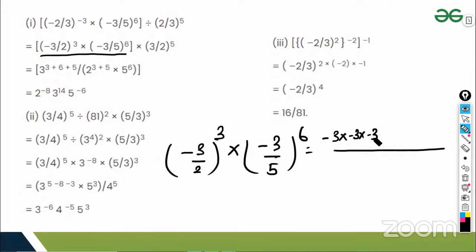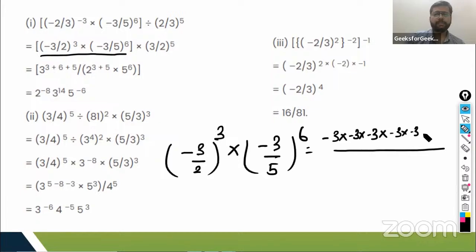Am I right? Yes. And this one is 6 times -3 into -3 into -3 into -3 into -3 into -3. Plus here it is 5 times. So the whole answer will become this. So first you figure out this one, right?